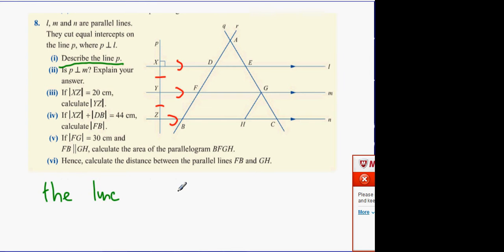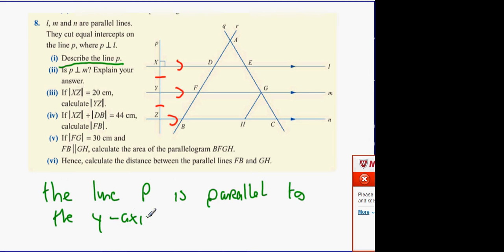Just do whatever. The line P is, I reckon it's parallel to the y-axis because it's going to be going straight down, isn't it? So it's parallel to the y-axis. And it's a transversal line.